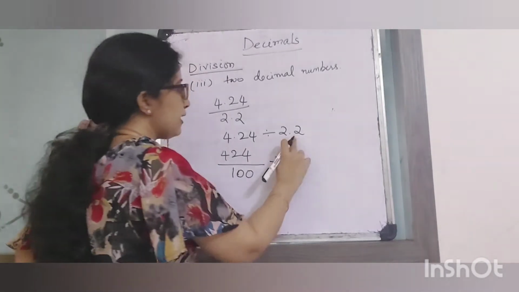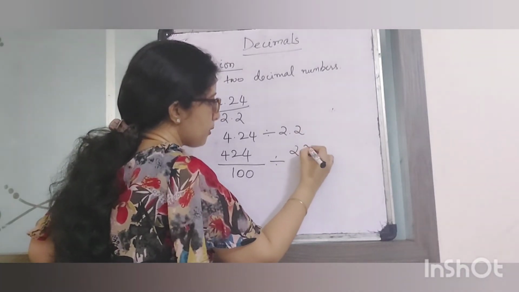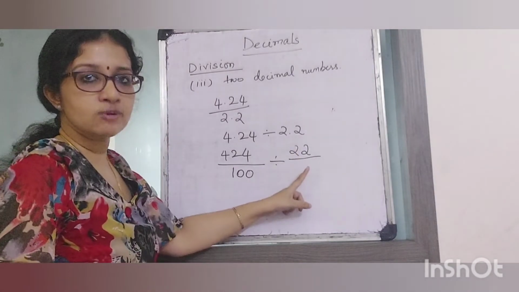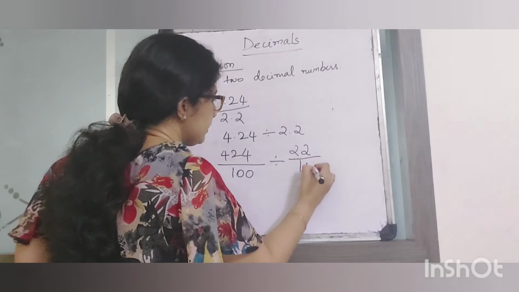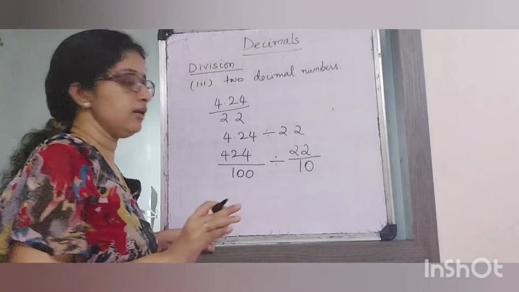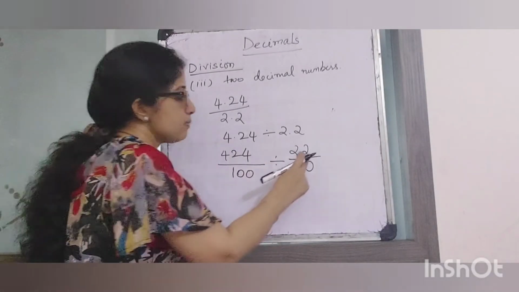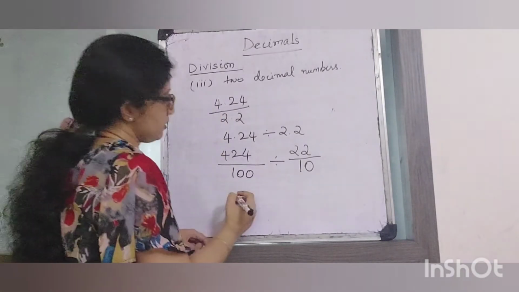Now, what can we write 2.2 as? First of all, ignore the decimal point. 22 divided by, what should we divide this 22 so that we get 2.2? 22 divided by 10. Correct? Now, as usual, when we are dividing 2 fractions, we have to take the reciprocal of the second fraction and multiply it with the first fraction, right?